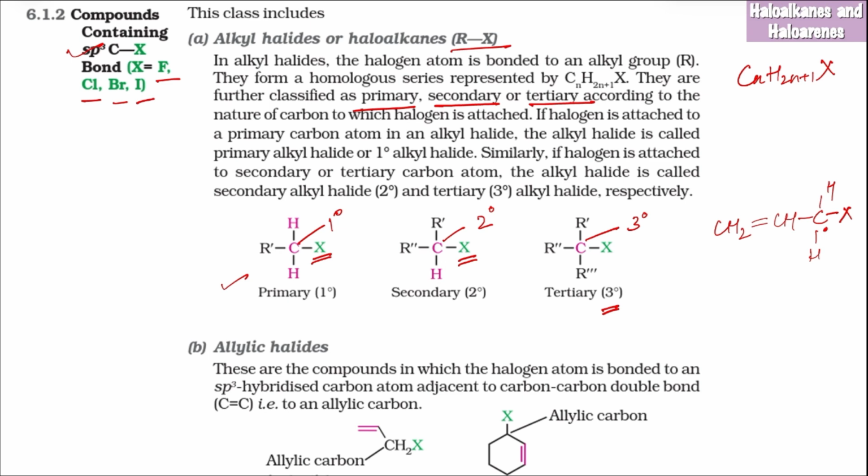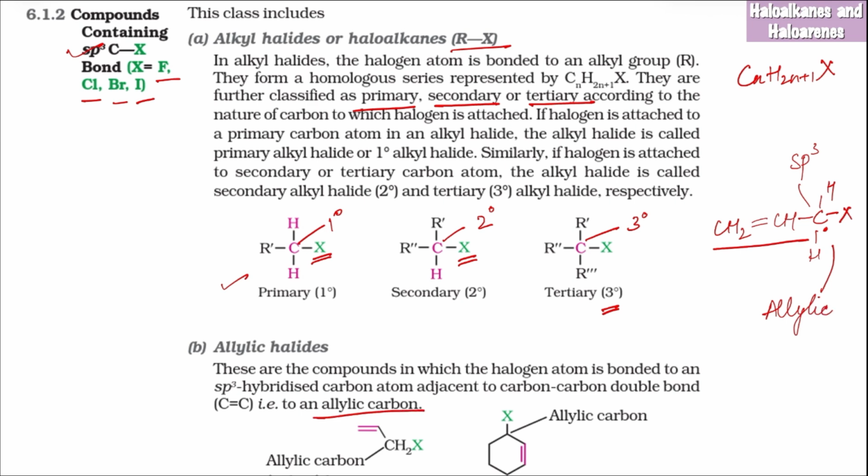Now this carbon is sp3 hybridized, and adjacent to this sp3 hybridized carbon bonded to the halogen atom is a carbon-carbon double bond. This sp3 hybridized carbon which is bonded to the halogen is also known as allylic carbon.